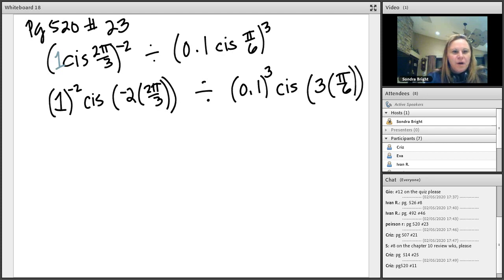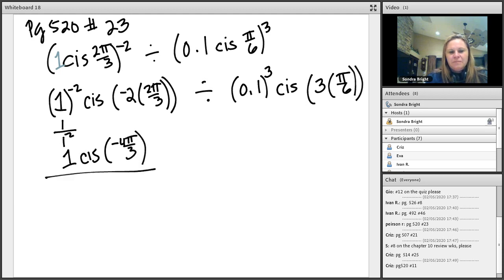Remember, we take r to the power and then multiply the power times the angle. All right, well, 1 to the negative 2 power, technically it's 1 over 1 squared. 1 squared is 1, and 1 over 1 is 1, and so it just ends up being 1. So this ends up being 1 cis negative 4 pi over 3.